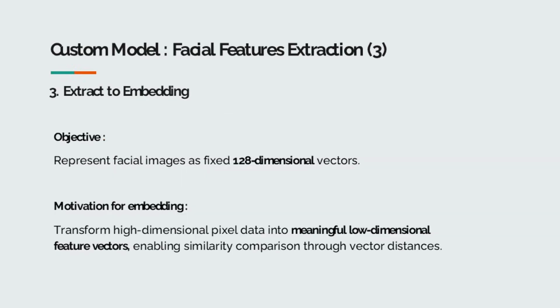Next, we fed the cropped face images into our model to generate 128-dimensional embeddings for each face. Rather than comparing raw pixel values, this embedding process allowed us to capture more meaningful facial representations. With these embeddings, we could compute distance between vectors, making it possible to quantitatively measure how similar two faces are.